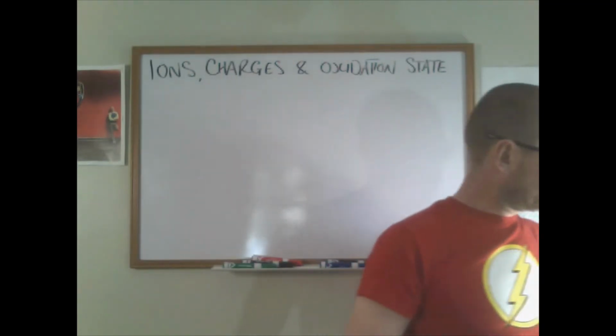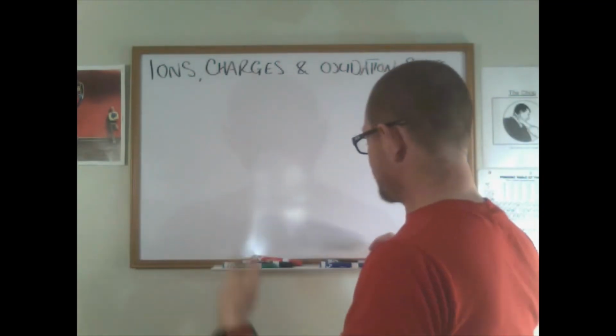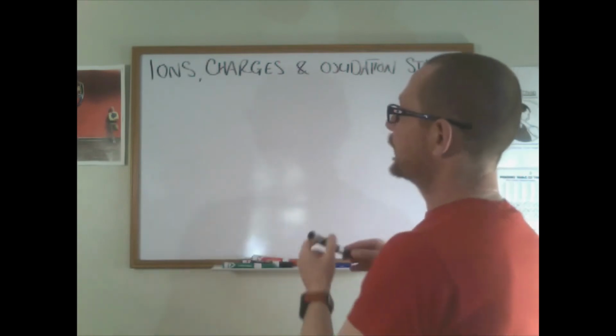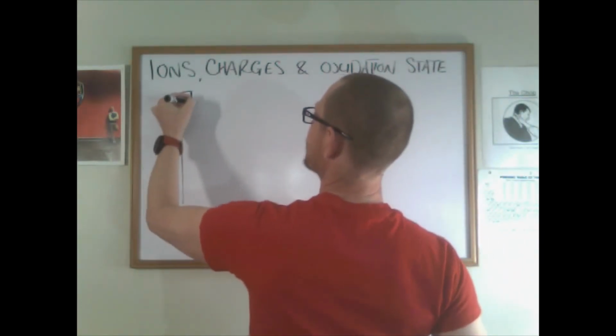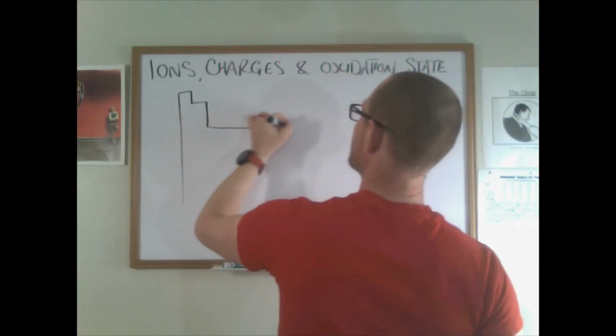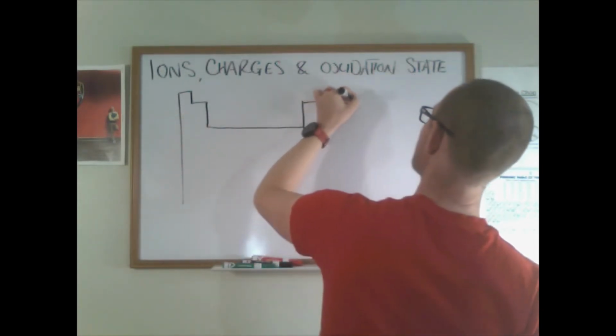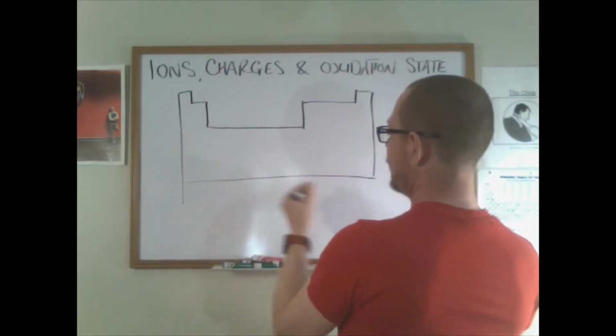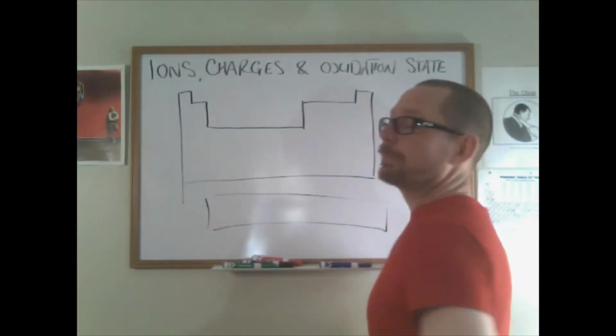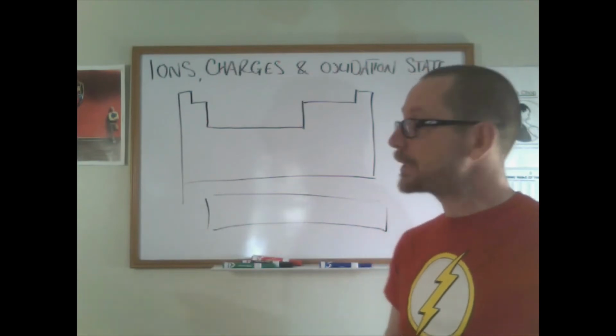So, the good news is we have these groups on the periodic table, right? So, periodic table, simple sketch, and then a bit underneath in your typical short form periodic table.